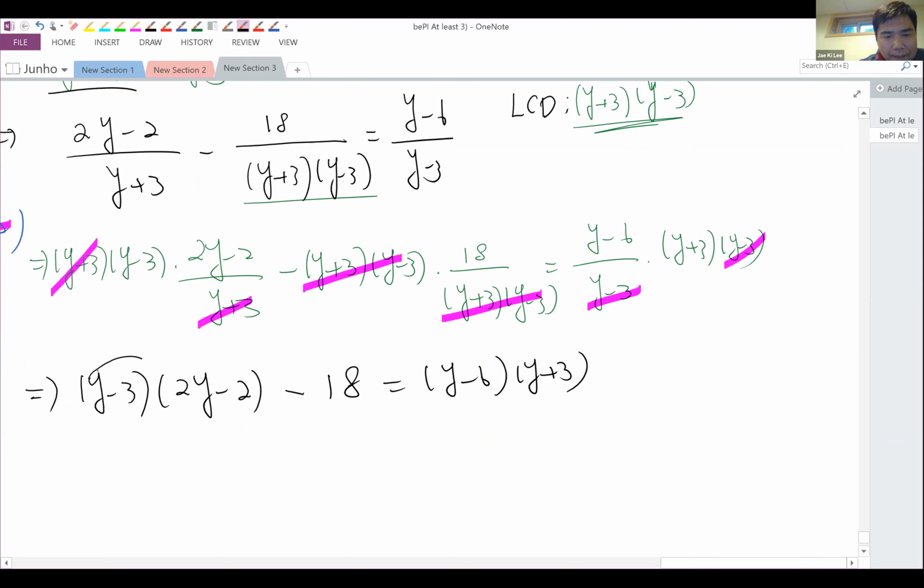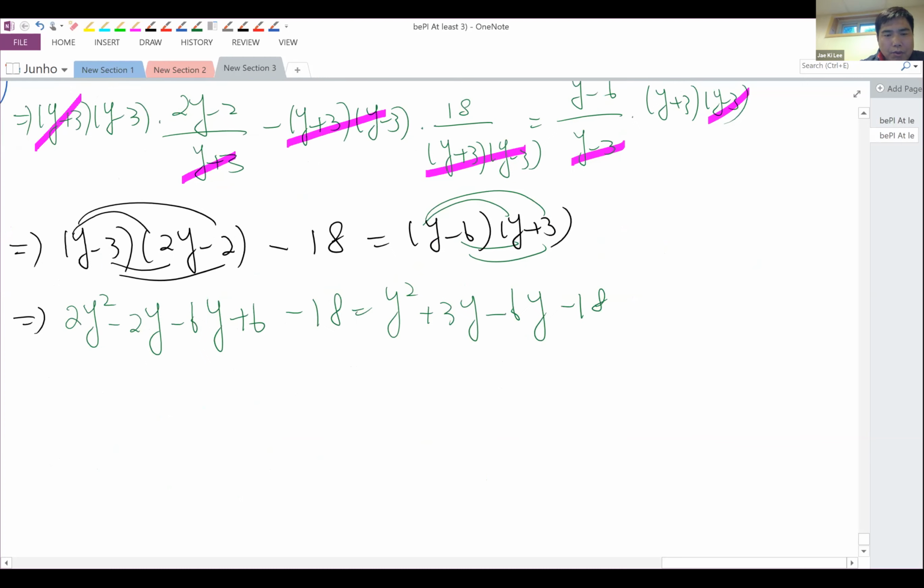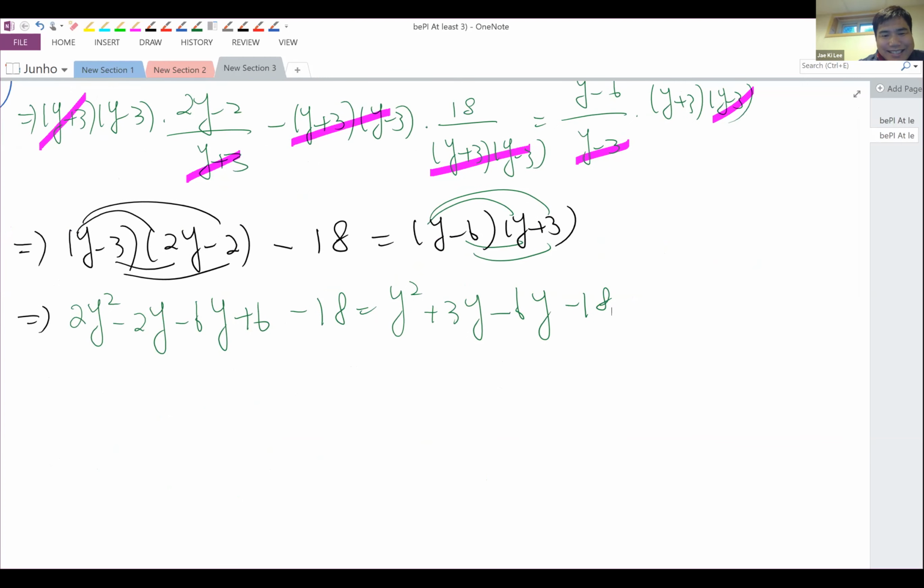Okay. Now we need to expand and then refactor again. So this becomes 2y squared minus 2y minus 6y plus 6 minus 18 equal to y squared plus 3y minus 6y minus 18. Okay. Now I'm going to combine all the like terms, each side first.